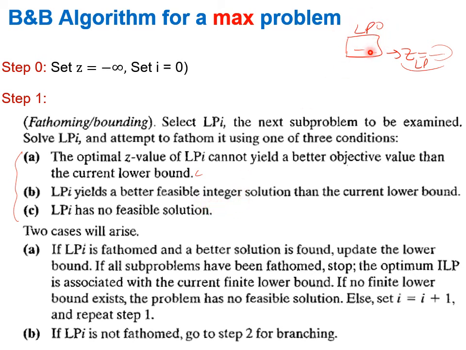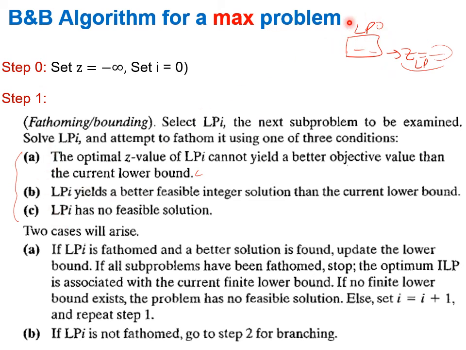When you solve this LP relaxation, if it is already integer, then you can stop because of this integer solution. If that's not the case, you can try another alternative. If this LP is already infeasible, then you don't need to continue, you can just fathom. So these are the 3 reasons.